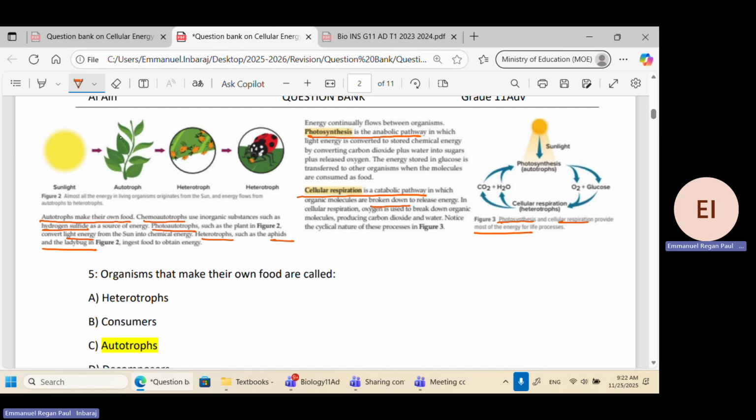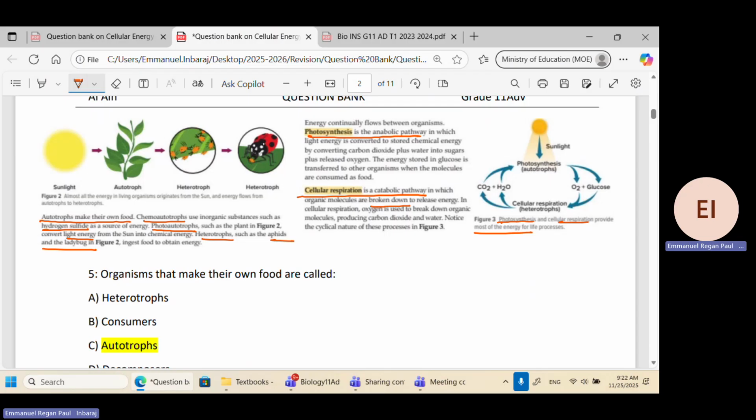They will give you this picture, so observe very carefully. Sunlight. The plant absorbs sunlight. And the plant is eaten by small organisms here. Watch carefully. These small organisms are eaten by another organism.